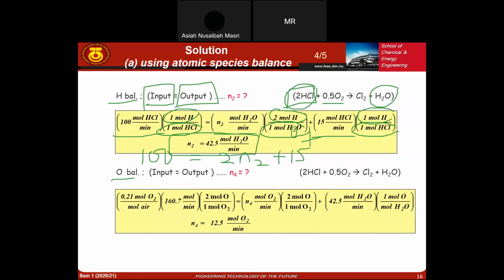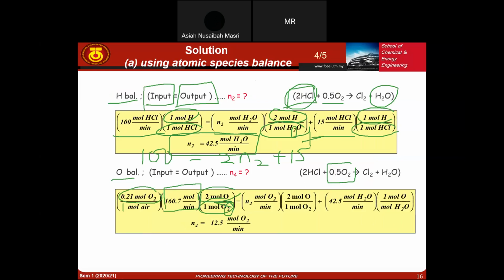Finally, we can solve for oxygen. In the inlet, where do we have oxygen? Only in the air. Let's see the input first. For every 1 mole of air, there will be 21% oxygen, so 0.21 mole oxygen. We know that air is present as 160.7 mole per minute, and for every 1 mole of O2, there will be 2 oxygen atoms.